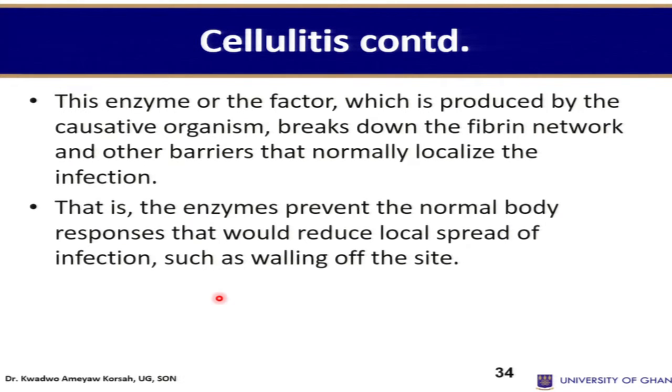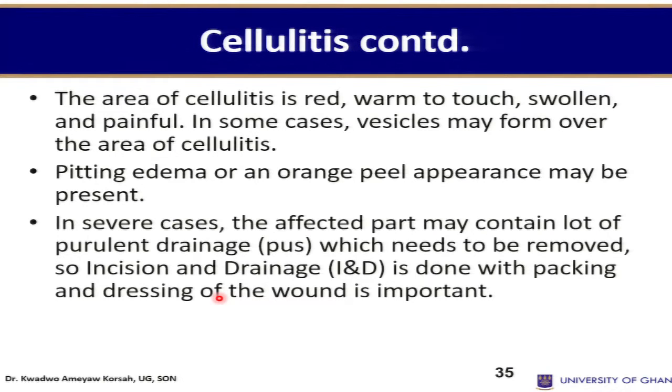But the spreading factor is able to overcome this mechanism, and the enzymes prevent the normal body response that would reduce the local spread of the infection, such as swelling of the site. And so the area of cellulitis is red, warm to touch, swollen, and painful, and in some cases vesicles may also form over the area of the cellulitis.